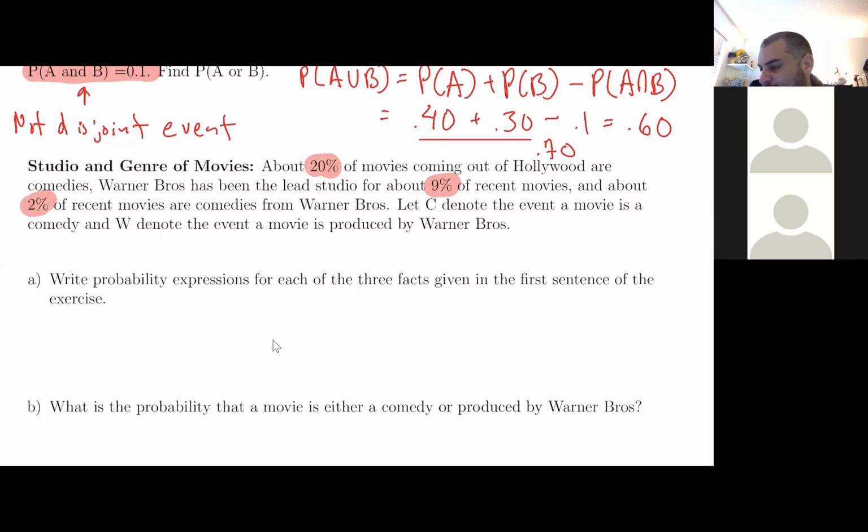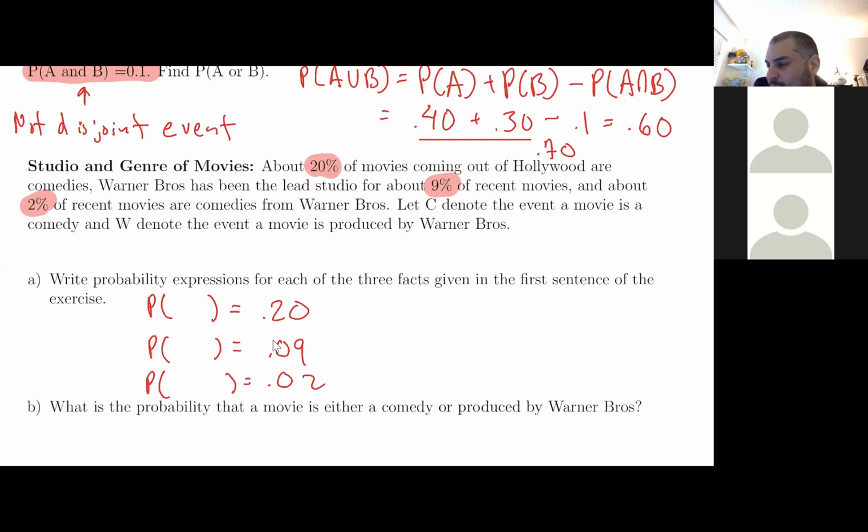So go ahead and just label what each one of these represents. The probability of 0.20, probability of 0.09, and probability of 0.02.